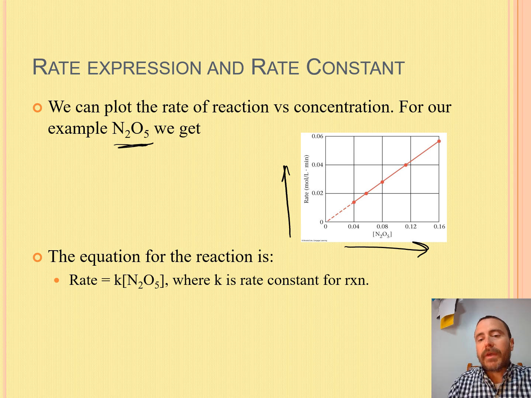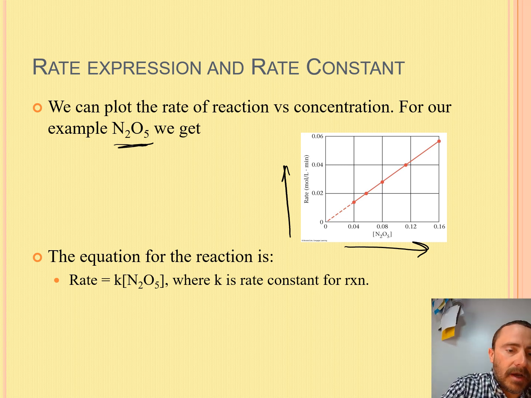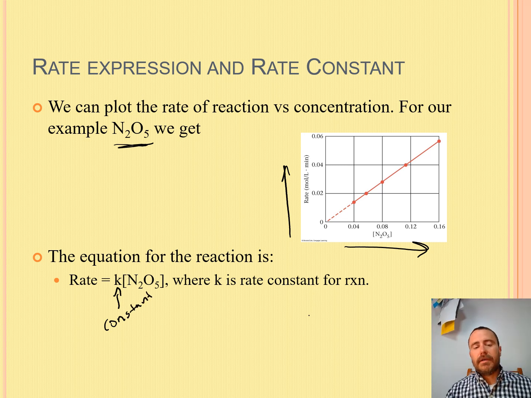And so what we can find is that the rate of our reaction is equal to some constant. If we have a constant in chemistry, and it's not one of our major defined constants, we usually give it the symbol k. Now, this is a constant, but it's not like the gas law constant, which is 0.0821 liter atmospheres per mole Kelvin for all gases.